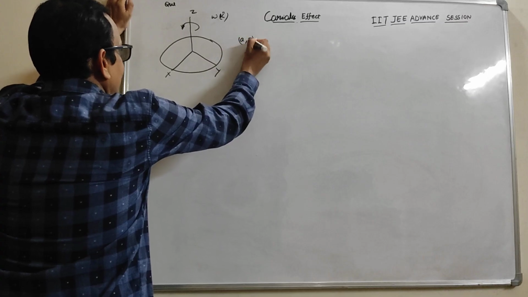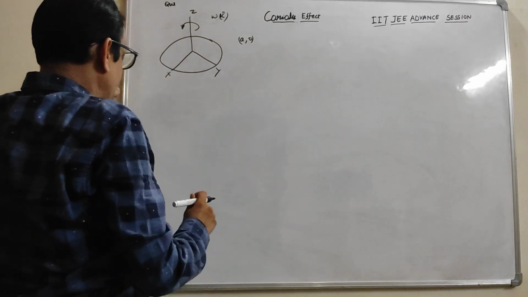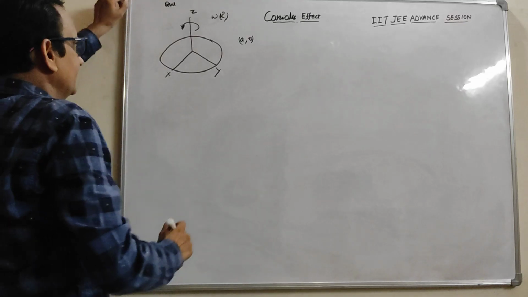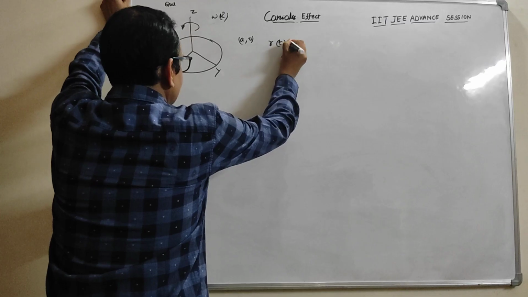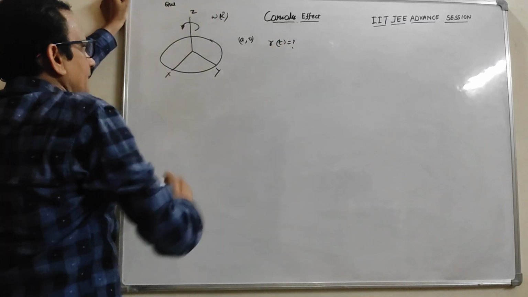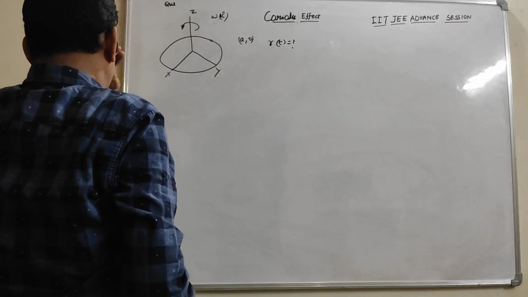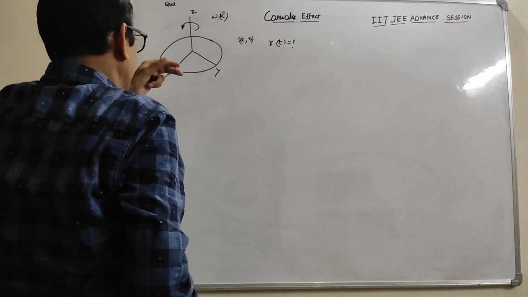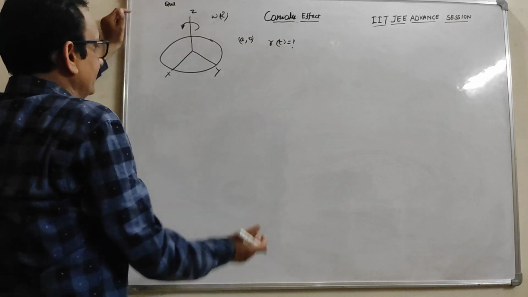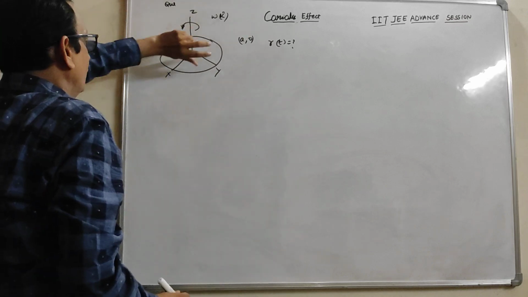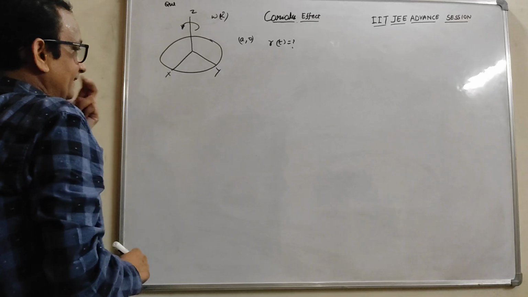at coordinate a, 0. So we have to find the distance traveled at time t and the trajectory of the coin. So this is a non-inertial frame. The disc is rotating with angular velocity omega about the z-axis.